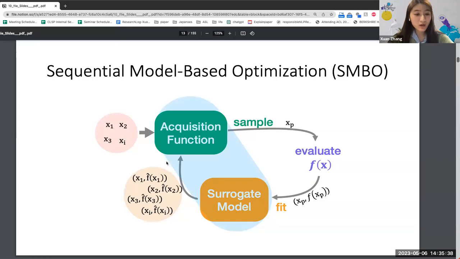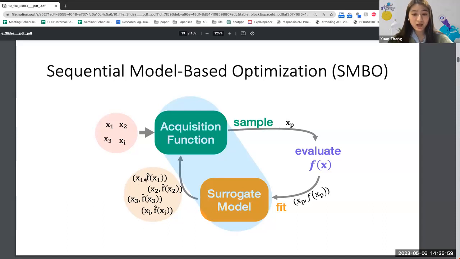And SMBO works iteratively. It starts with querying model F with random hyperparameter configurations. And then the surrogate model fits all evaluated points and generates predictions for all other configurations in the search space.